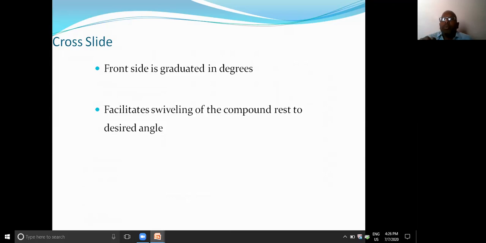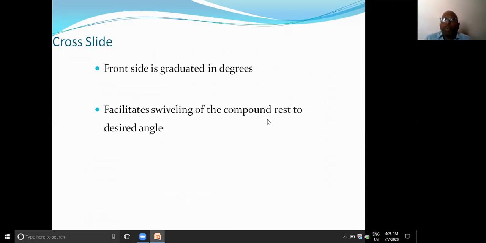That means in order to move the cutting tool in an inclined position, both carriage and cross slide are kept at a constant position, and the compound rest is moved.